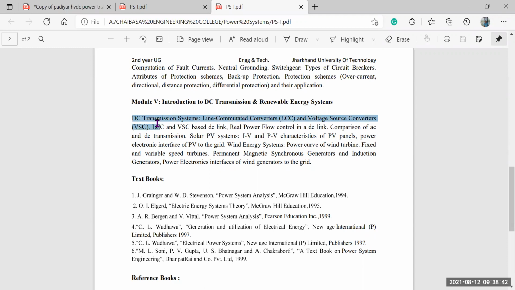Okay, voltage source converters, LCC will be there, line commutated converters. Okay, meaning we have to describe that converter. VS LCC and VSC based DC real power flow. Fine, these two remaining segments, we'll study this part in next class, that is next week.